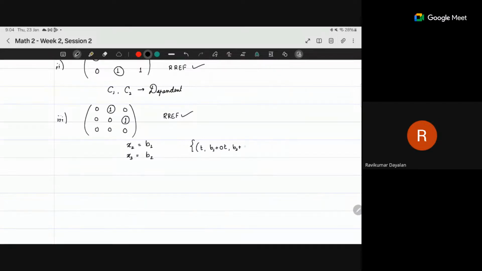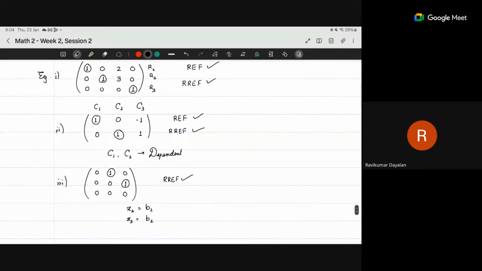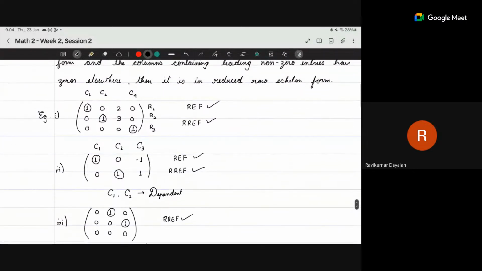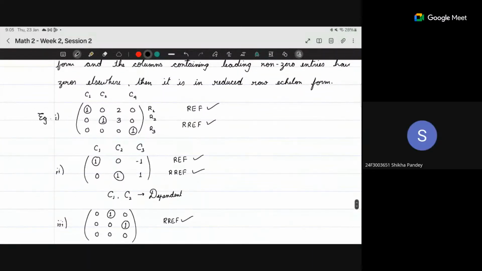All of this right now might not make much sense to you, but when you talk about affine subspaces and all that, you'll see why this is formulated this way. But for now, just know that this is how it is. So RREF is even easier to solve than REF.